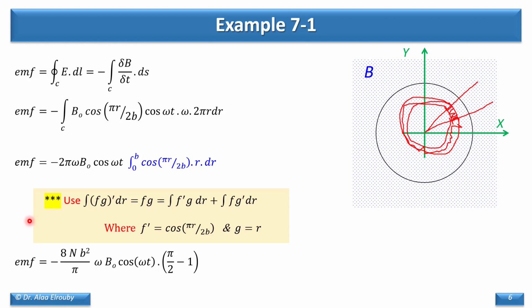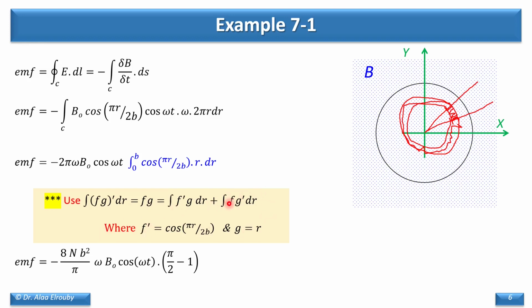Okay. To execute this expression, we take all the components that are independent of r outside of the integration, and we do the integration. This integration can be performed using integration by parts. The rule for integration by parts is here.